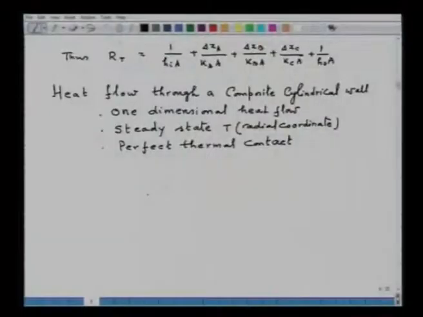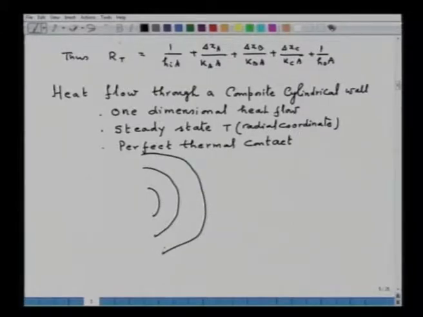So, now let us consider a composite cylindrical wall. Say this is, for example, the first, this is the second, and this one is the third. Let us say this is the radius R1, this is the radius R2, and this is the radius R3.